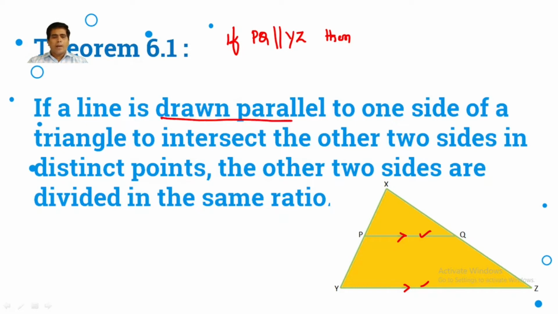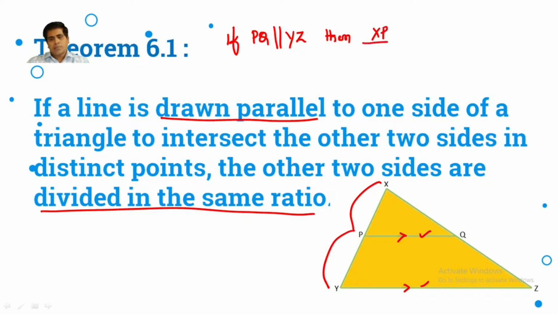When we draw the parallel line, it divides the sides in the same ratio. So then XP by PY is equal to XQ by QZ.